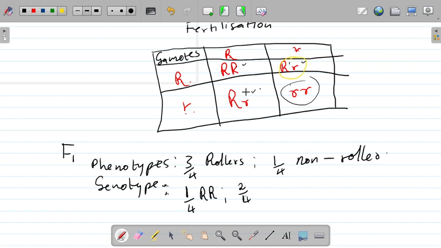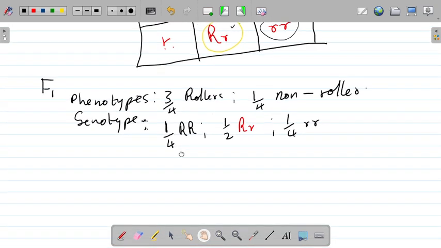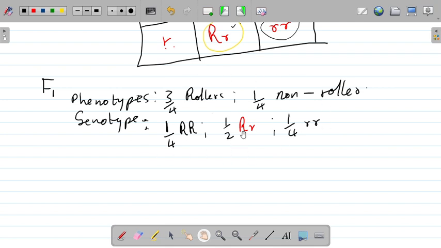These ones, 1, 2 over 4, are also rollers, but they are heterozygous. And then lastly, 1 over 4 is a non-roller. However, they need the fraction simplified. Can I simplify this? 2 over 4 is exactly the same as 1 over 2. So there, this is in terms of fractions.